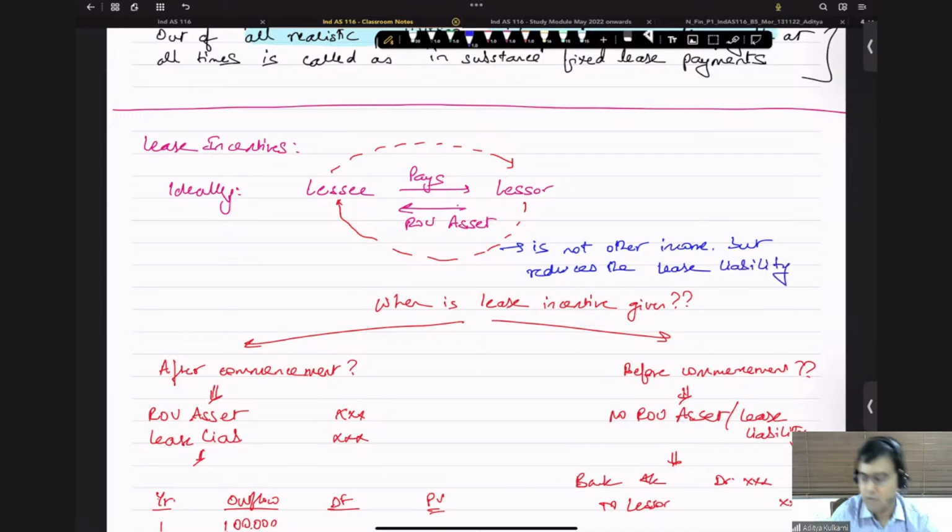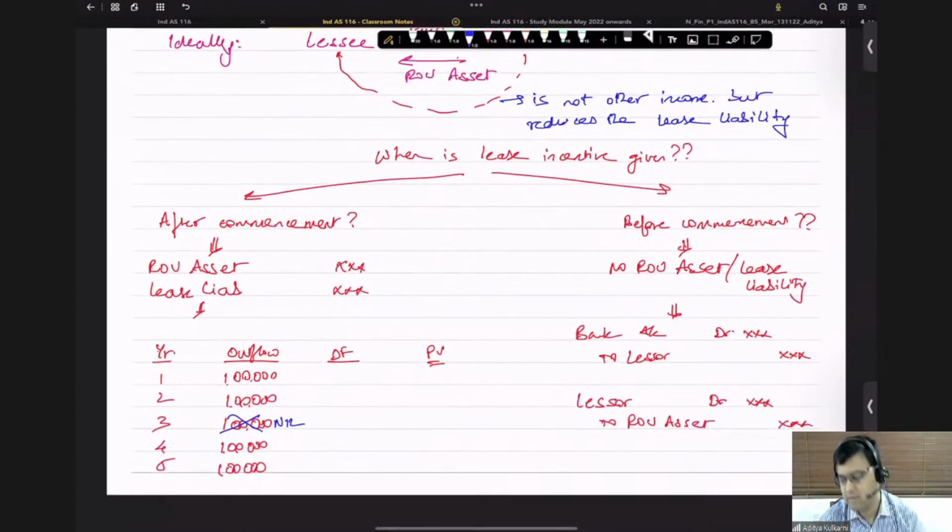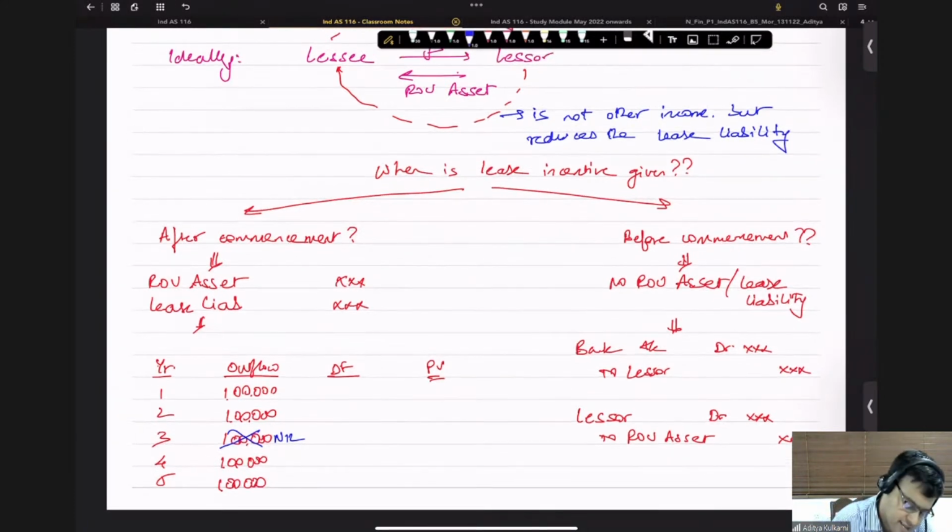If it happens after commencement, it would be there in the terms of the contract that this incentive would be payable. So you know it in advance, so it will reduce your lease liability calculations, and your lease liability in effect goes down on account of the receipt of the incentive.